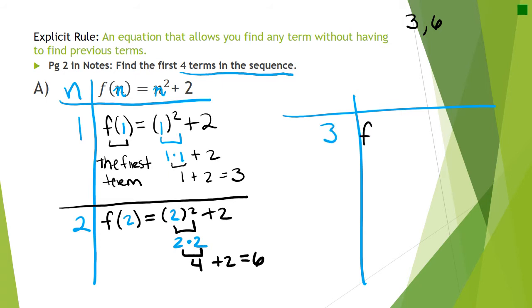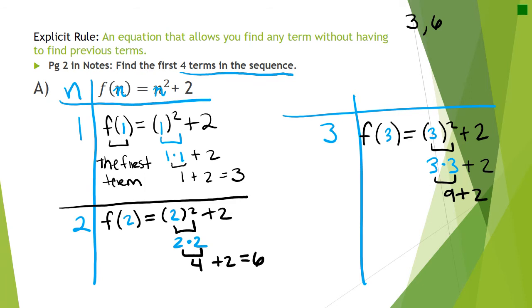So I'm going to take f of 3 equals 3 squared plus 2. You can go ahead and fast forward this stuff if you already get it and you're good to go. Then just go ahead and move on. If not, I'm just going to go ahead and finish this problem with you. You'll be able to try the next one on your own.